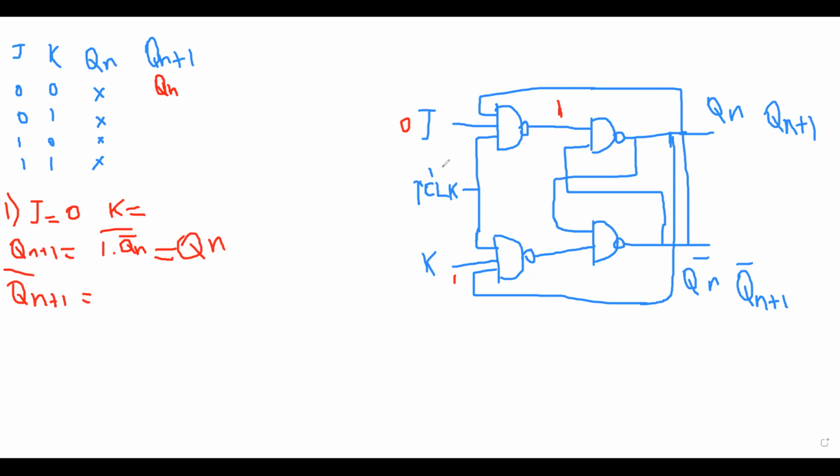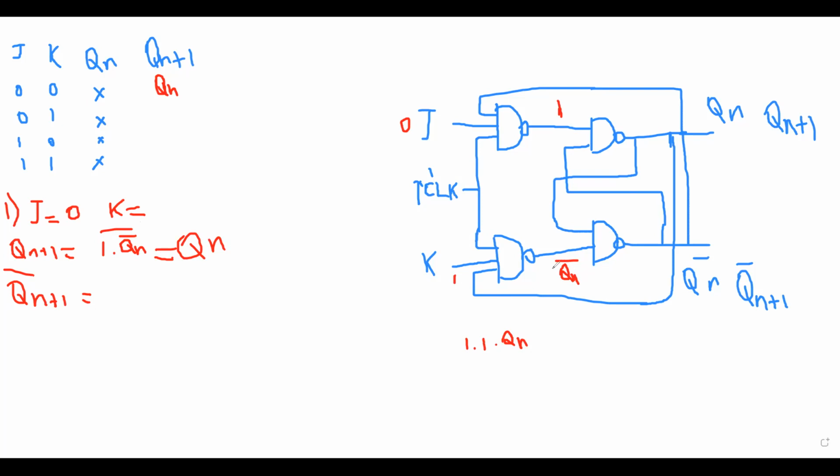And here you can see 1 into 1, so 1 into 1 and Qn. So I'll have Qn bar here.